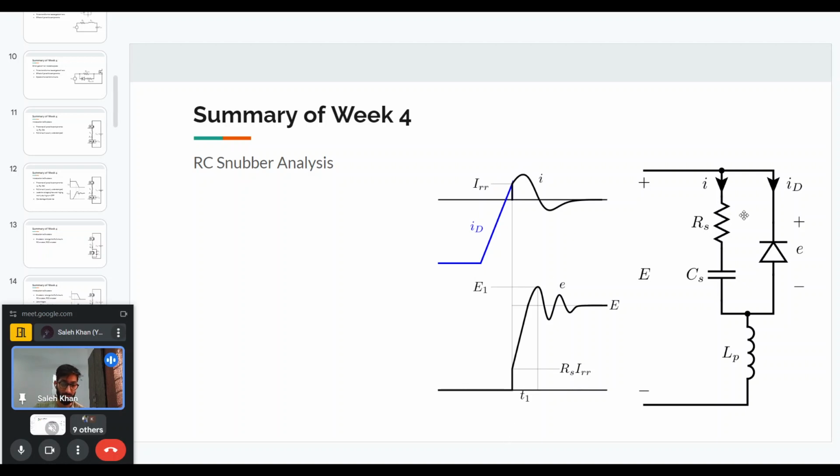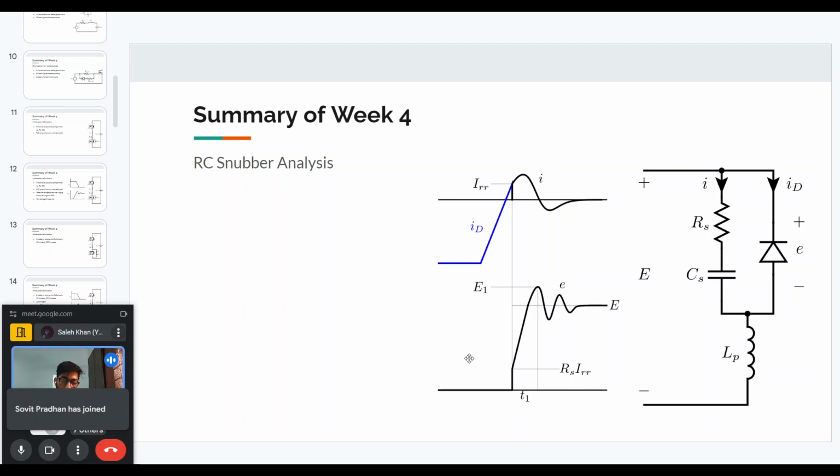The voltage across the device will start from, first of all, the CS capacitor being discharged, so the IRR current will flow through the resistors, so there will be some voltage drop, and that is what will come across the device, and thereafter the device voltage will start to increase, and the capacitor CS voltage will also start to increase.